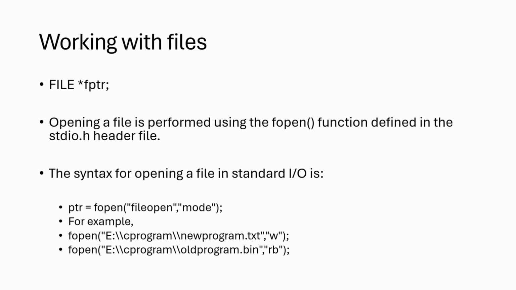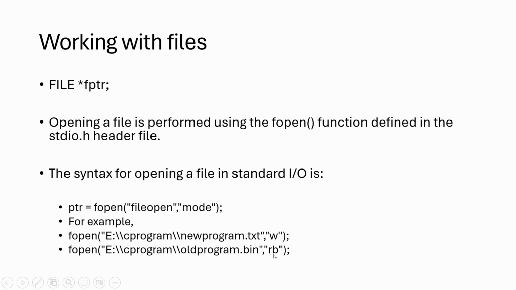And the syntax of opening a file: you've got this ptr pointer that you declare, and then you say fopen, and you give it the name of the file and the mode. What is the mode? The mode can be different things if you're opening it for reading, writing, appending, etc. Okay? So here, with fopen, I'm opening this file, new program.txt, that exists already, and I'm opening it for writing.